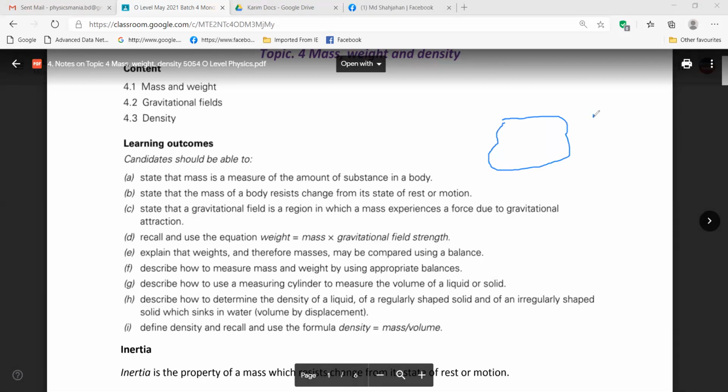So if this object is here, still there is some gravitational force working on it, but that is negligible. But sir, this is not my question. We are talking about how gravitational field works, but I am asking what it is.